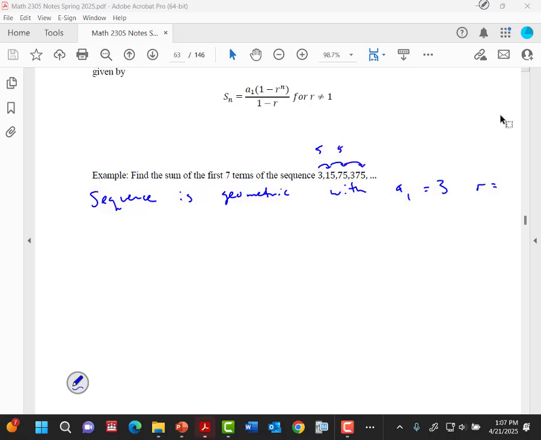From 75 to 375, that's times 5. So the common ratio r is 5. So S sub 7 would equal a1, that's 3, times 1 minus r, that's 5, raised to the 7th power over 1 minus r, which is 5.